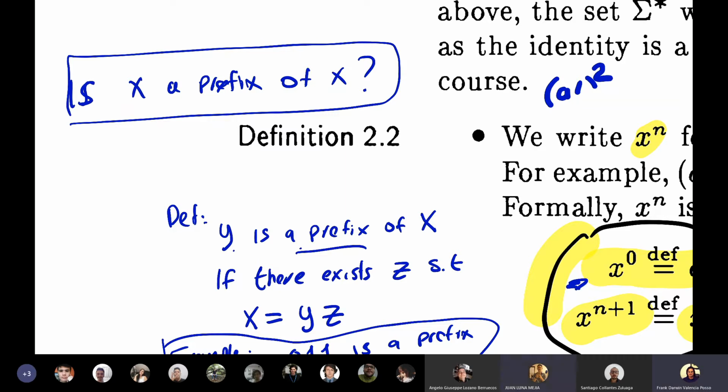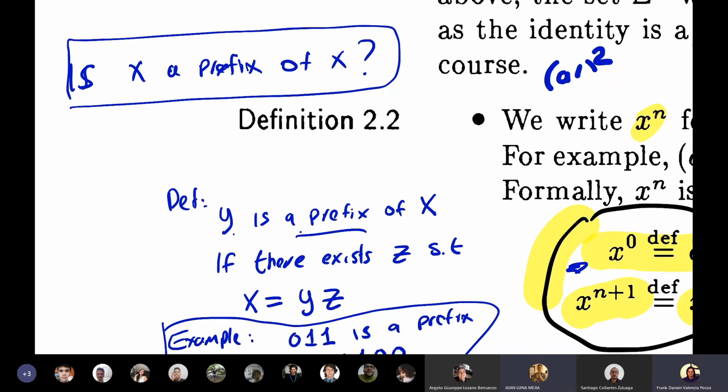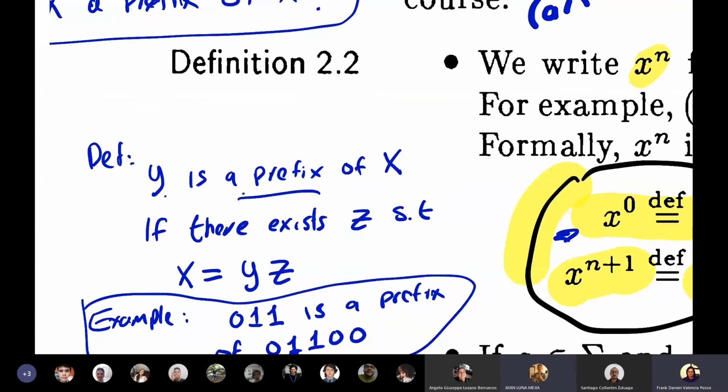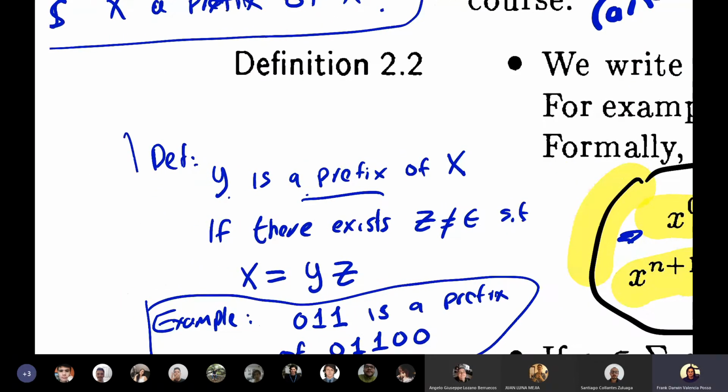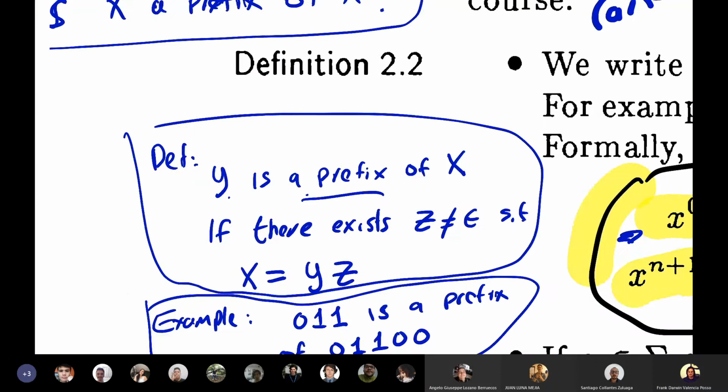Maybe you could say if there exists a string z that is different from the empty string. Mm-hmm. Very good. This is z different from the empty string such that, well done.